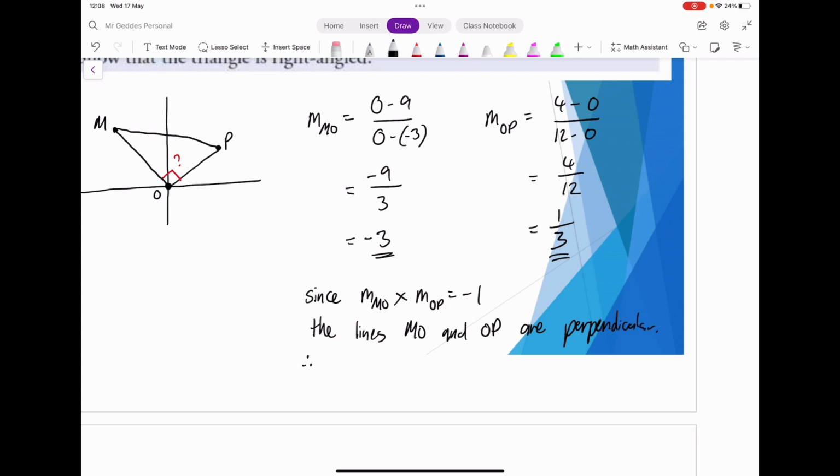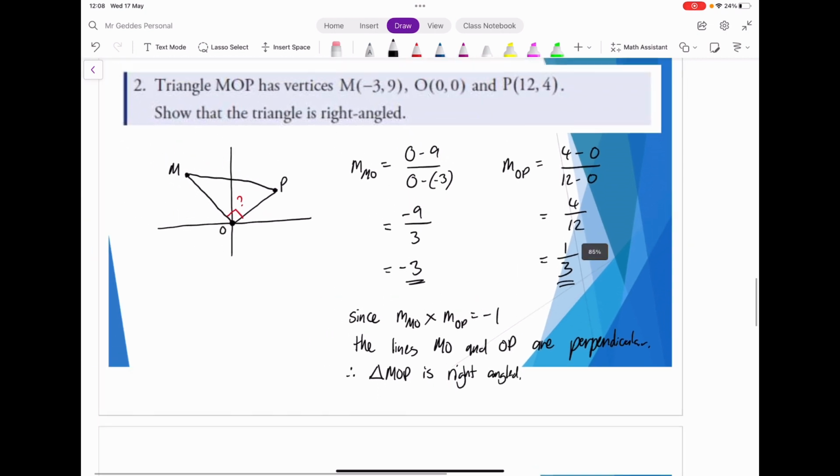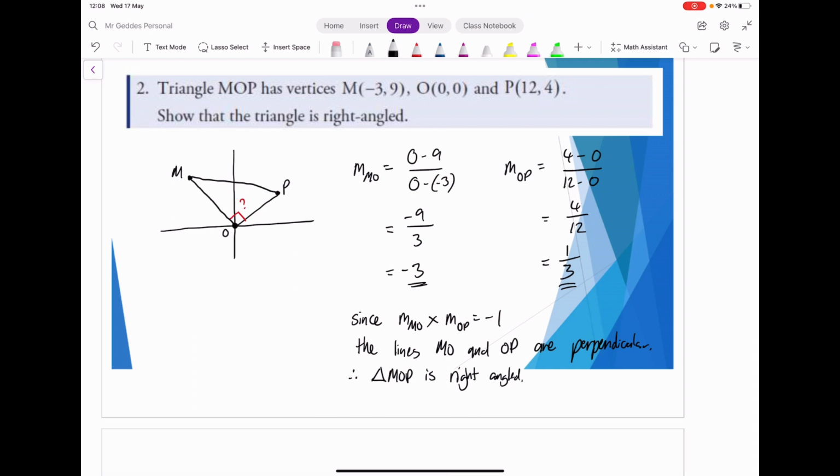Therefore, triangle MOP is right angled. Make sure you tie it back to the question, state whether it is right angled or not. Okay, so that's how we will go about question 2.